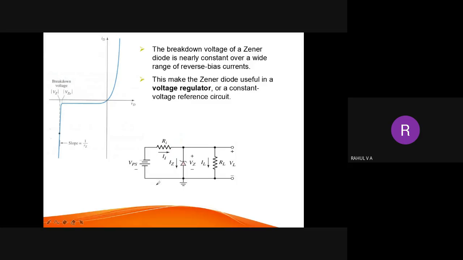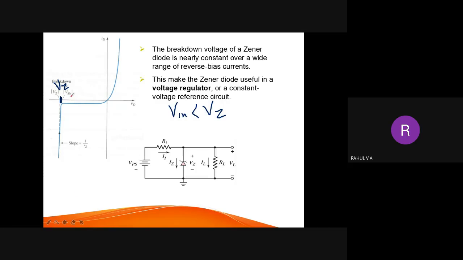Okay. Now, you assume your input voltage is greater than... Okay. First, we will assume the opposite direction. Your input voltage is less than the Zener voltage. So that is nothing but this point. This is the Zener voltage, we said. Your input voltage is less than the Zener voltage.